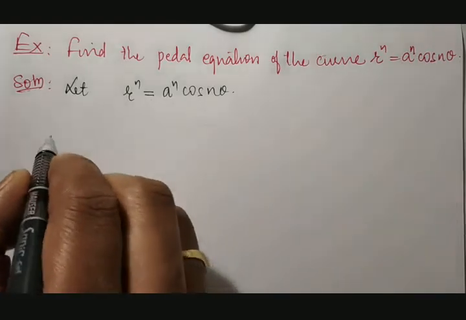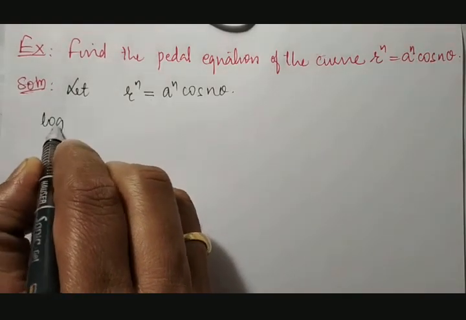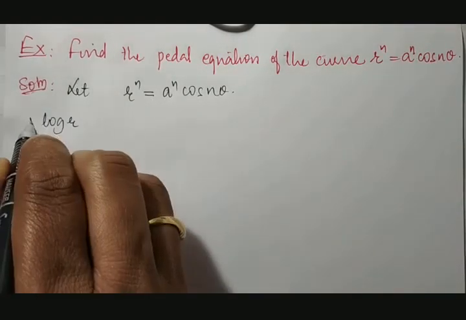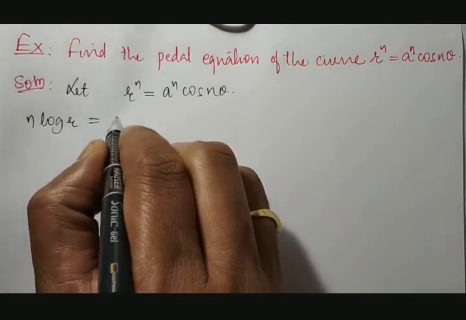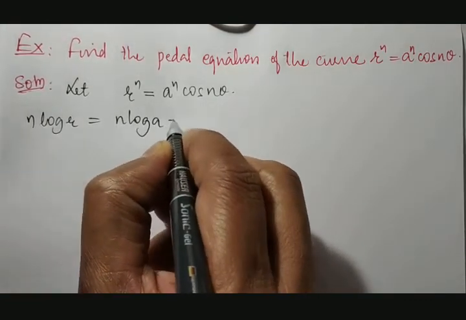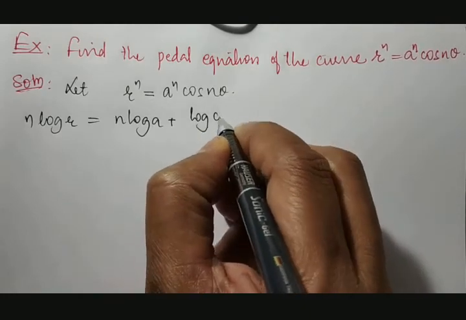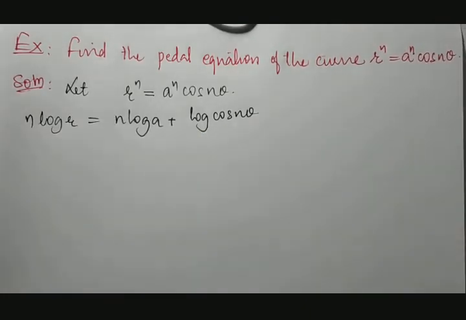Okay, so then what to do? Apply log on both sides. Then it is n log r = n log a + log(cos nθ).